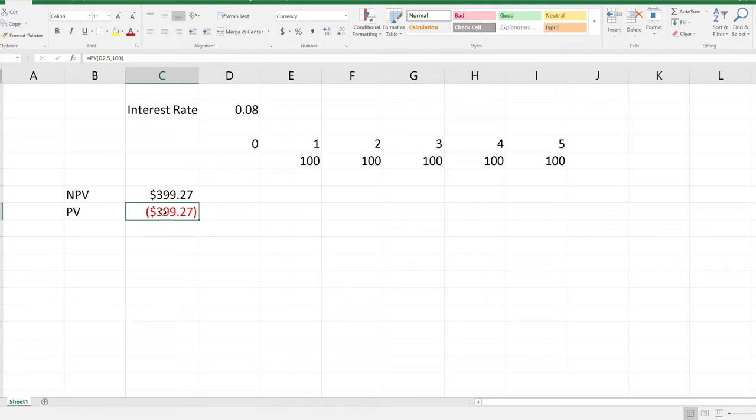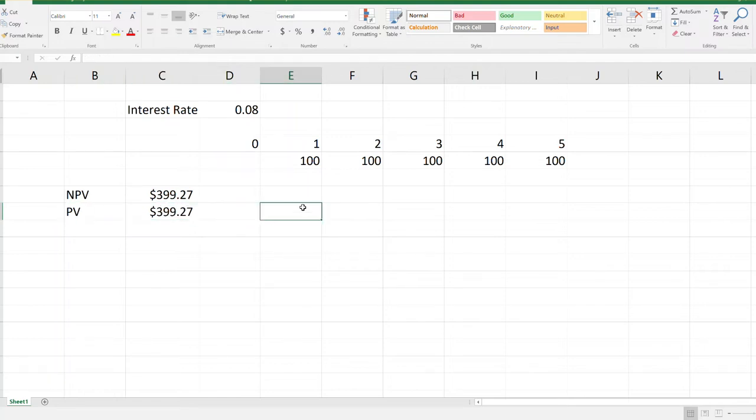So the way you're going to have to adjust this in your homework for chapter 6 is, in the present value formula, put the negative sign right in front of the PV. Now when we do that, it makes it $399. So the present value is going to be used for when you have equal payments.